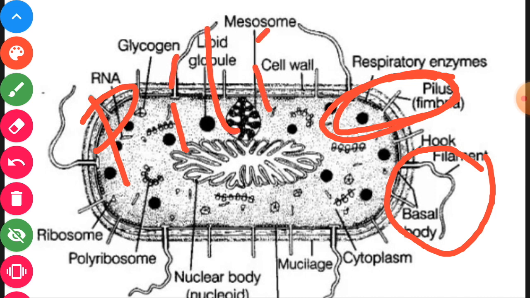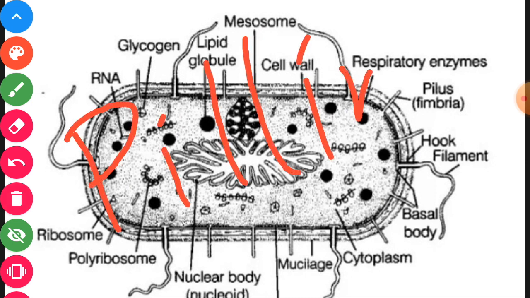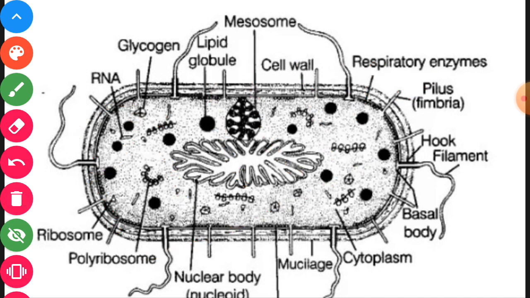Pili are chemically made up of pilin protein. Especially remember that pili are present in gram negative bacteria, and flagella are present in both kinds of bacteria, either gram positive or gram negative.